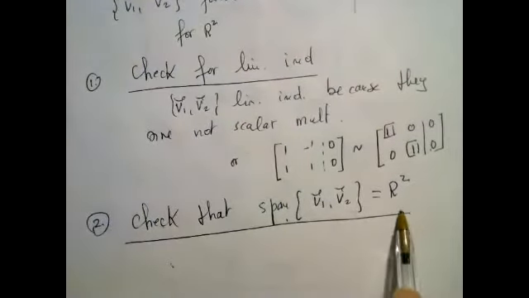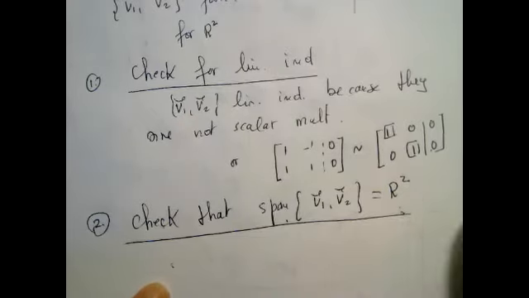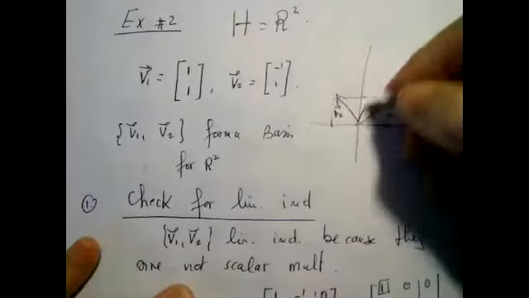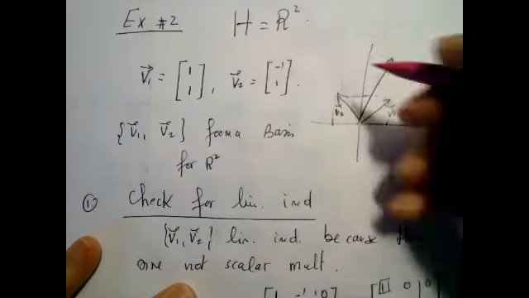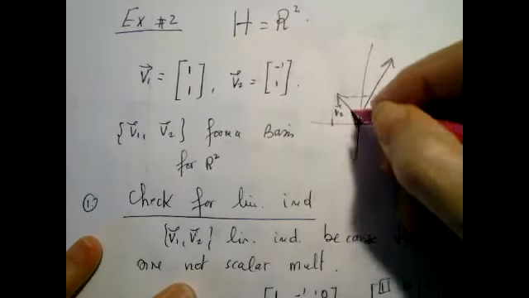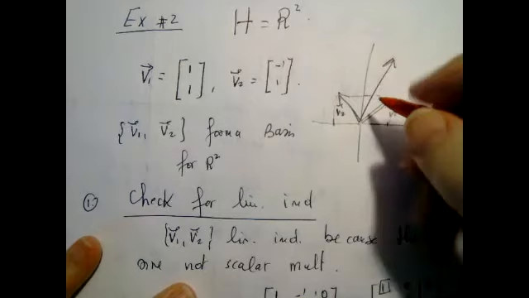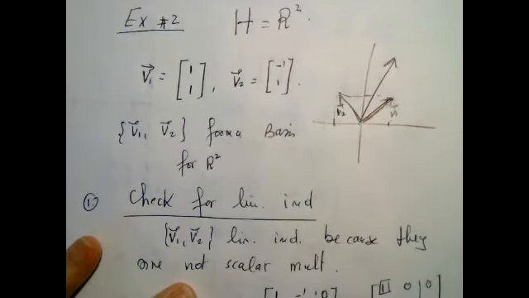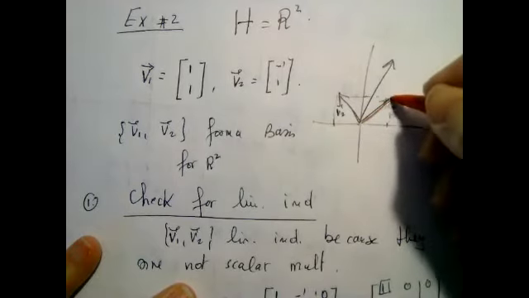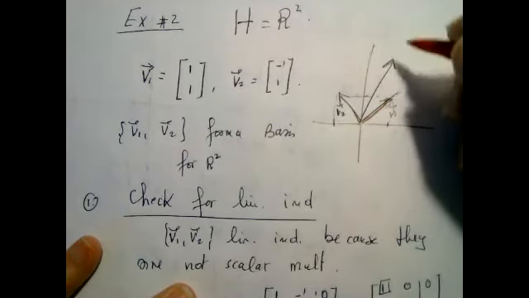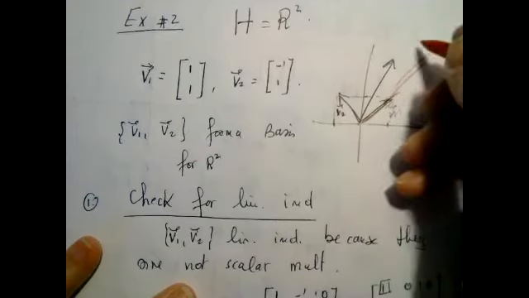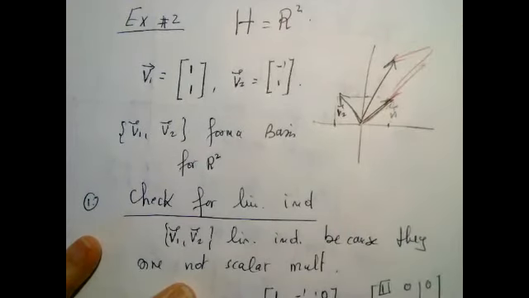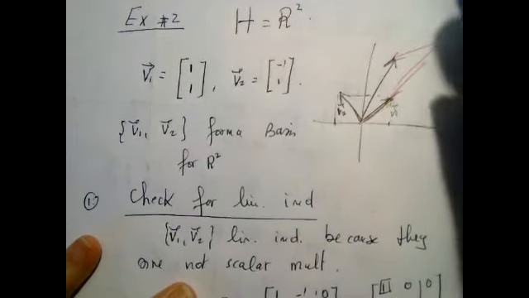Is the span equal to R2? Can any vector in R2 be written as a combination of V1 and V2? Geometrically, we can, because that's what we did earlier in the beginning. We can go a little bit in the direction of V1, and then we can back up in the direction of V2.